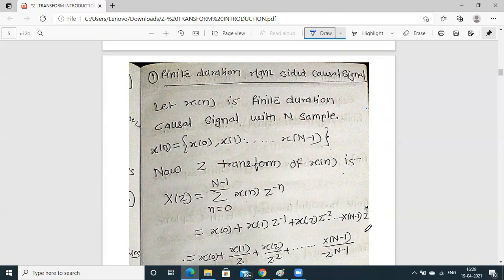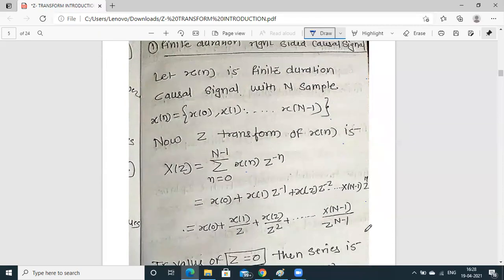So here you can write this as x of 0 plus x of 1 divided by z plus x of 2 divided by z square plus and so on, up to x of N minus 1 divided by z to the power N minus 1. Now if we put the value of z as 0, this series will become infinity.